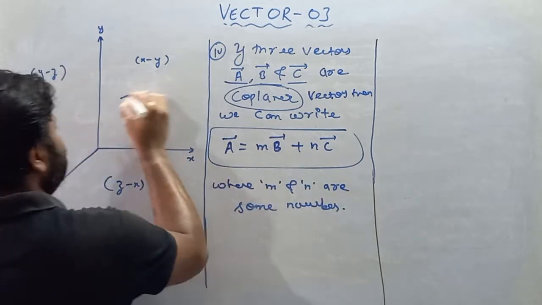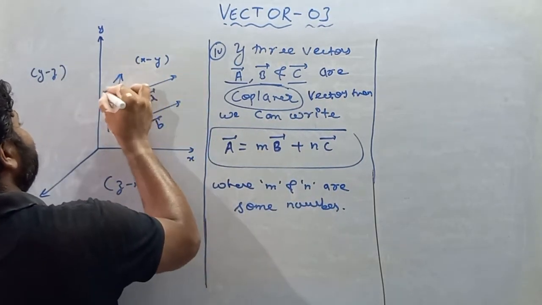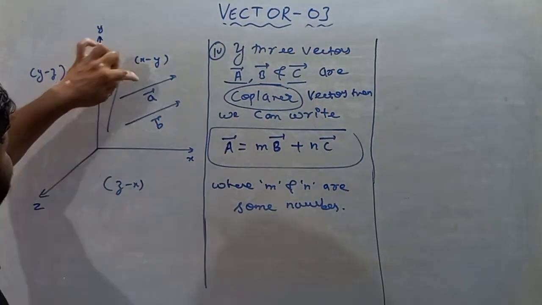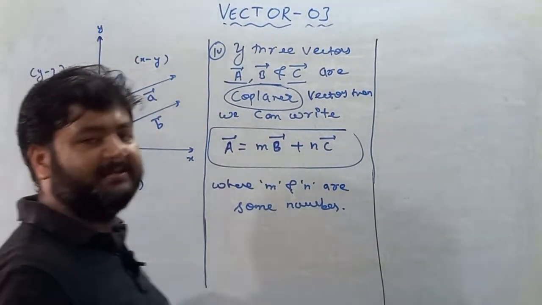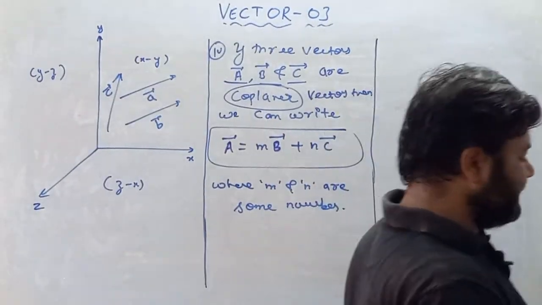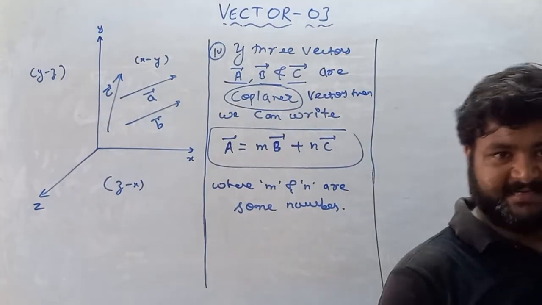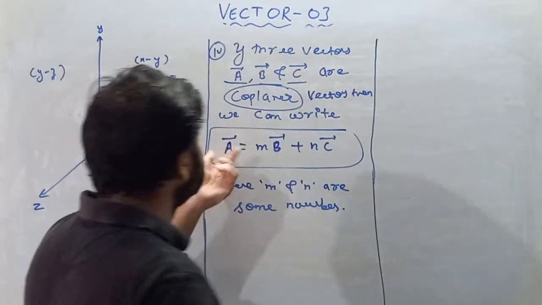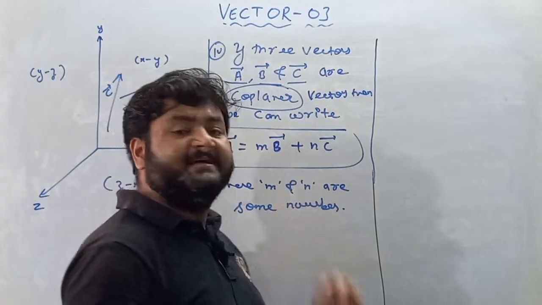See my dear student, let's suppose we have A vector, B vector and C vector. You are seeing here that A vector, B vector and C vector lie in the xy plane. So we'll say A vector, B vector and C vector are coplanar vectors. In that situation, we'll write A vector is equal to M B vector plus N C vector.